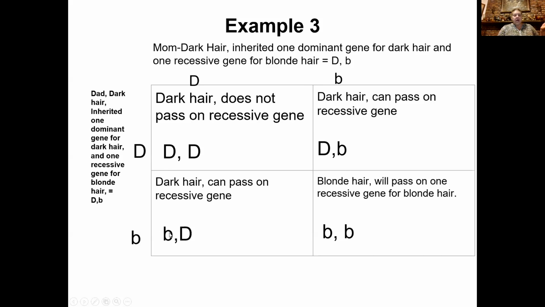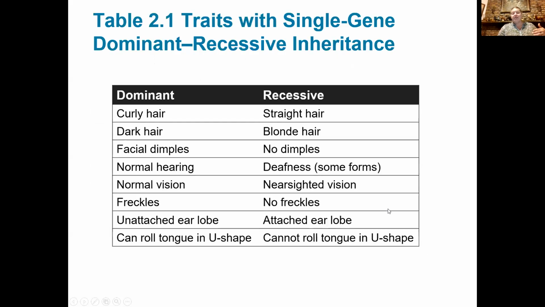This kid got the blonde gene from dad and the dark hair from mom. Once again, dark hair and can pass on that recessive gene. Phenotype is dark hair, genotype includes blonde. And this kid inherited this blonde recessive gene from dad and a blonde recessive gene from mom. So this child is blonde and can only pass on the blonde gene.